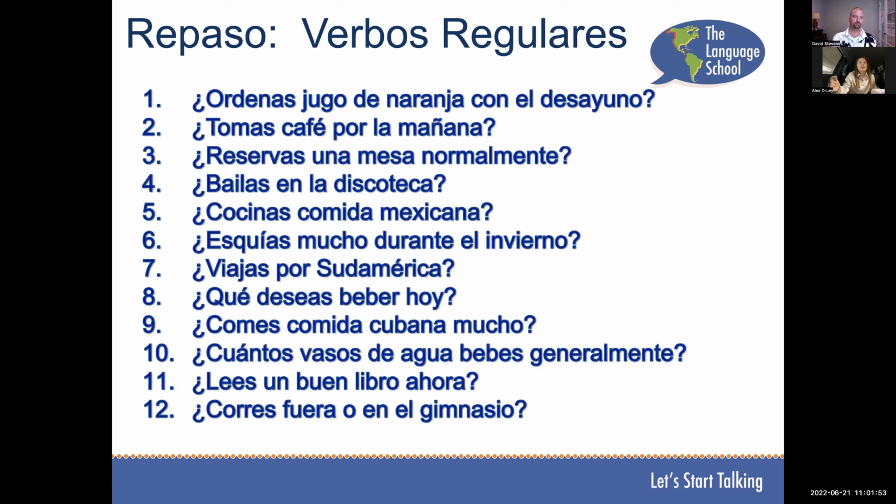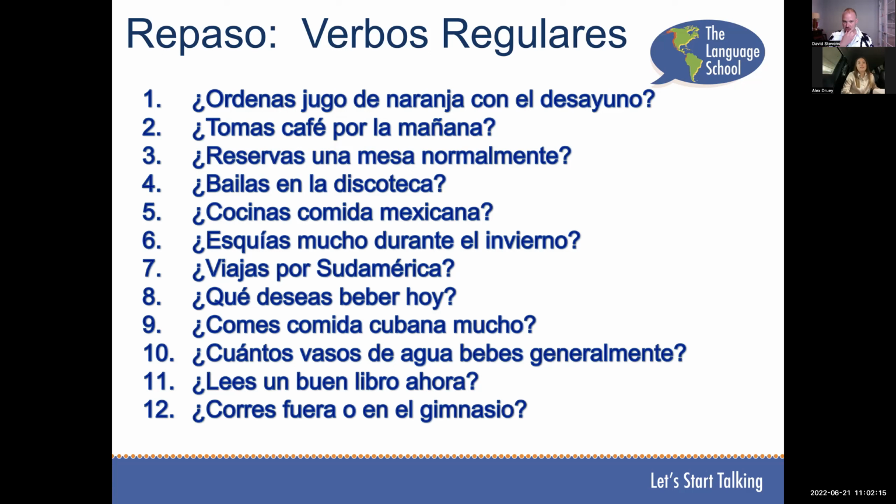¿Ordenas jugo de naranja con el desayuno? Sí, ordeno jugo de naranja con el desayuno. ¿Tomas café por la mañana? Sí, tomo café por la mañana. ¿Reservas una mesa normalmente? Sí, reservo una mesa normalmente. ¿Bailas en la discoteca?